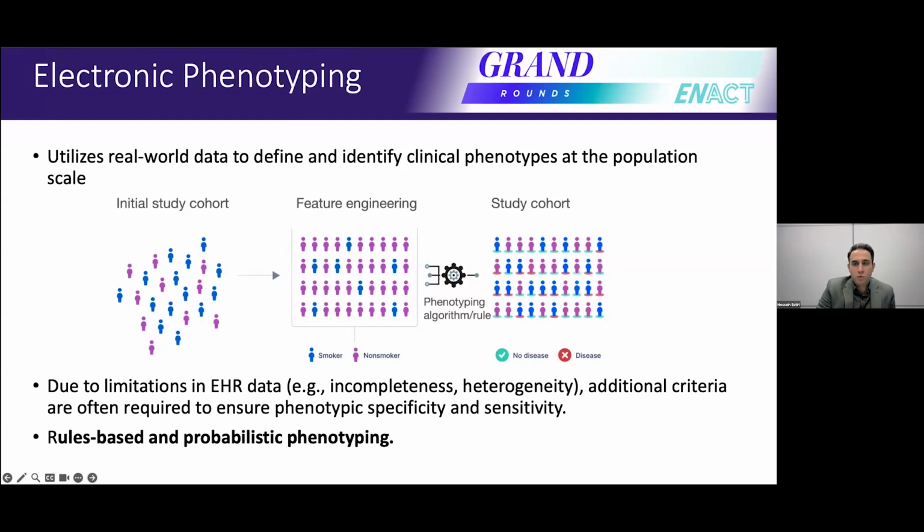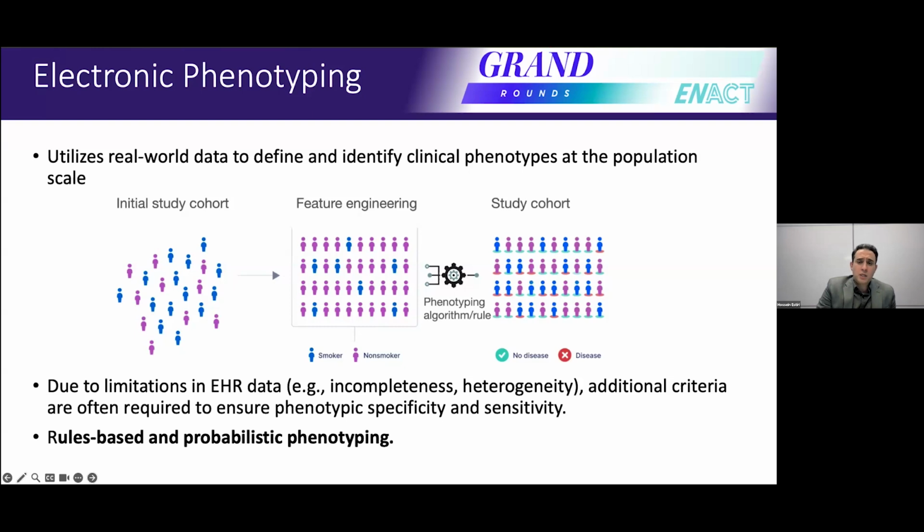These traits can include morphology, development, biochemical properties, or products of other properties. Electronic phenotyping is now defining clinical conditions across large patient populations using messy real-world data that is increasingly available.